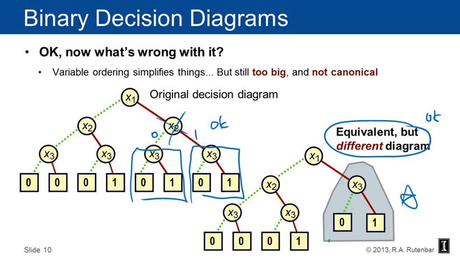Well, obviously this is not a canonical structure because both of these decision diagrams represent the same Boolean function, and as I said previously, the big thing that we were looking for was no two different diagrams are allowed to represent the same Boolean function. So I need another idea. I need another constraint. So in the next talk, we're going to add another constraint, and we're going to see how well that does in making our binary decision diagrams canonical.